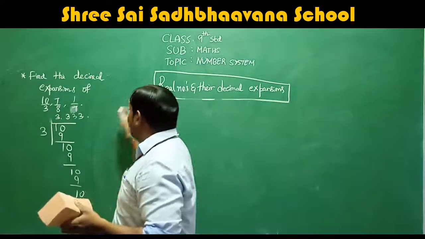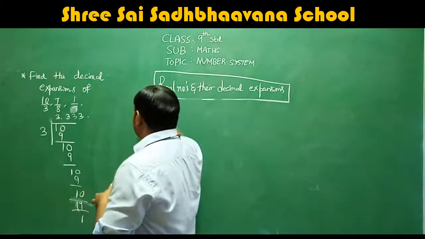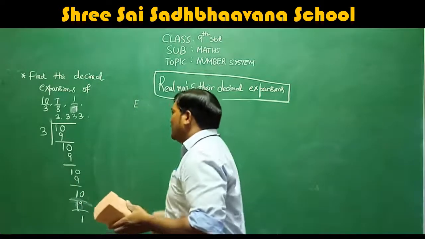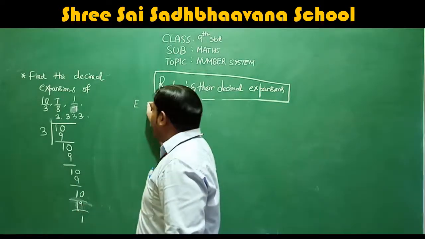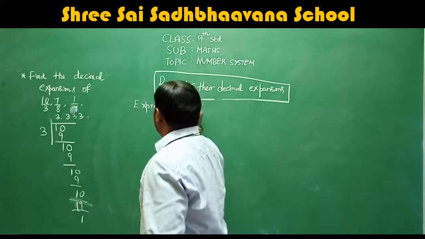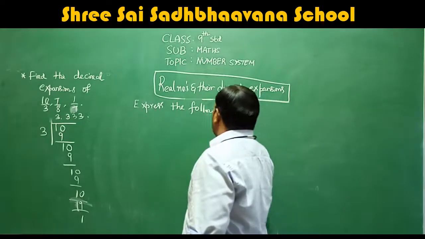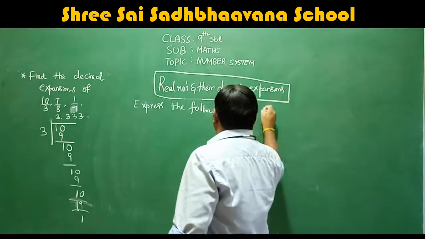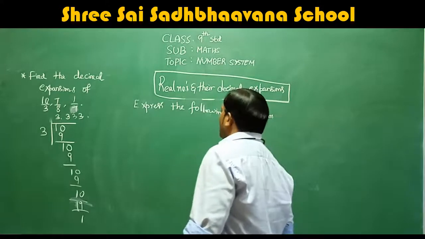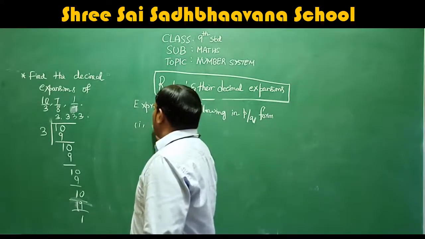Express the following in p by q form. Or they will give you some numbers and ask you to express them in p by q form. Okay, so the first one is 0.6.